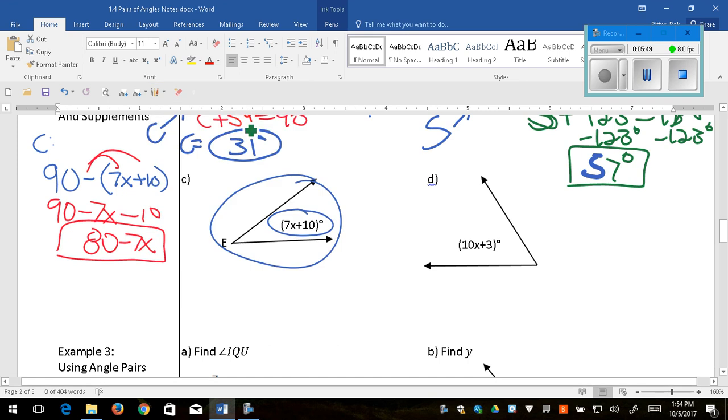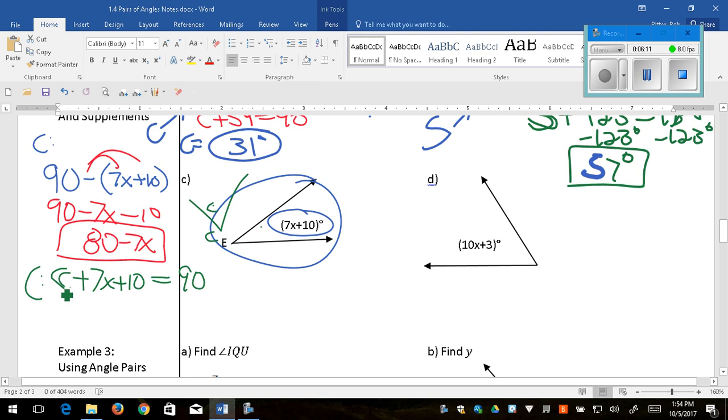So my suggestion would be, if you're planning to find the complement of this particular angle for letter C, then you write it as, hey, I have this complement over here, I don't know how much it's worth, but these two angles together make 90 degrees. So C plus 7x plus 10, when I add the two together, they should add up to 90.